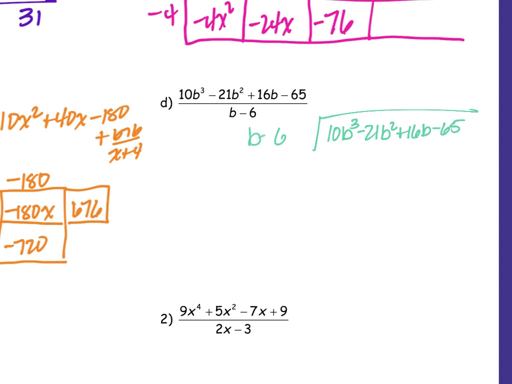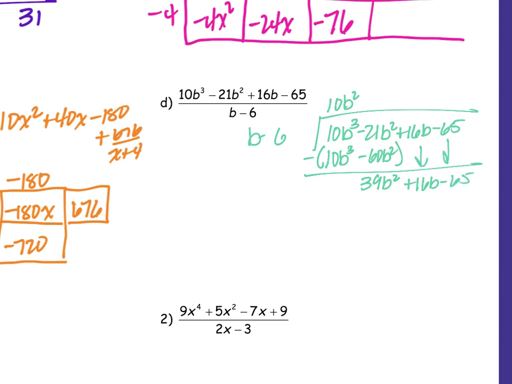So 10b squared would give me 10b cubed minus 60b squared, and I subtract those, and I'm going to get 39b squared plus 16b minus 65 when I bring those down.